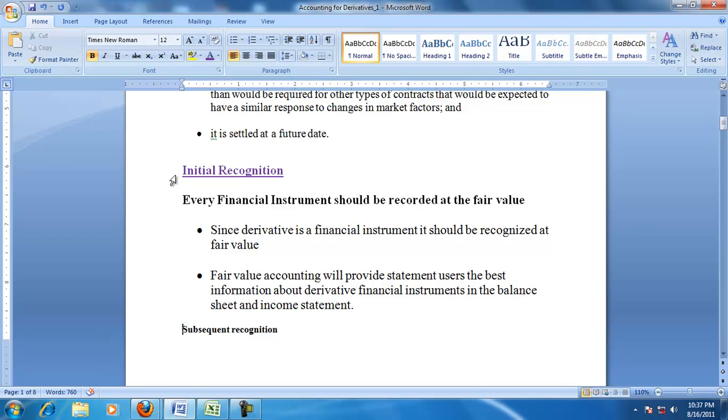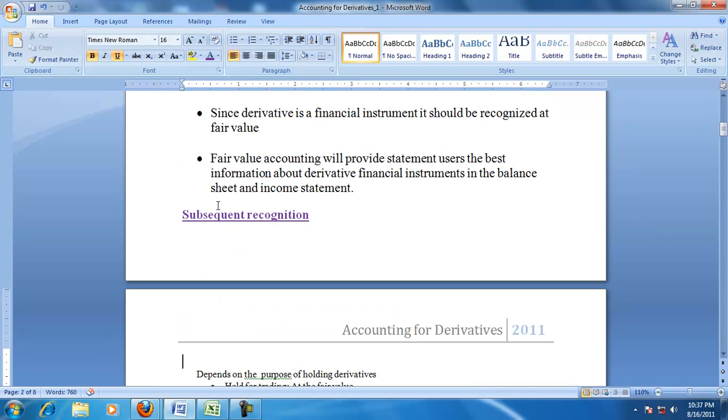So what is subsequent recognition with respect to financial instruments? Let us first understand that.